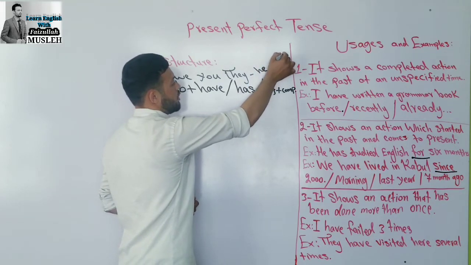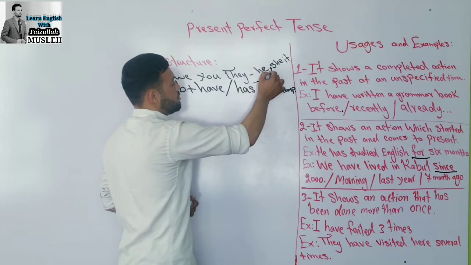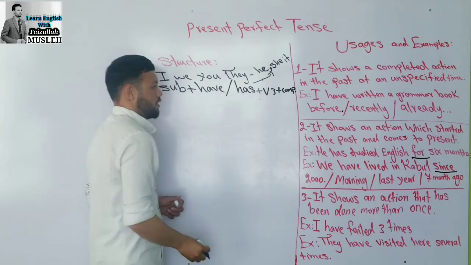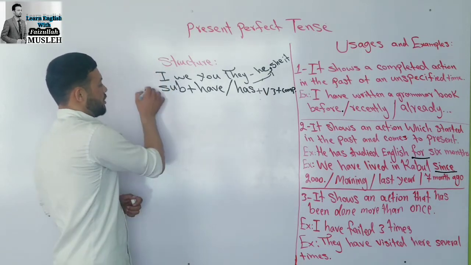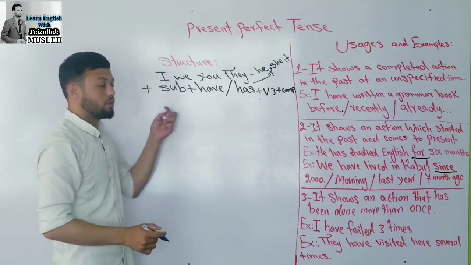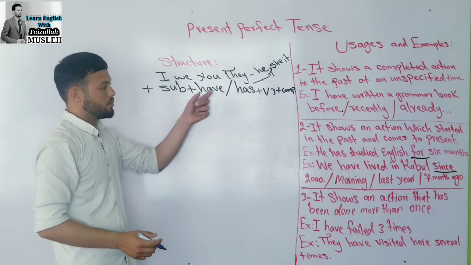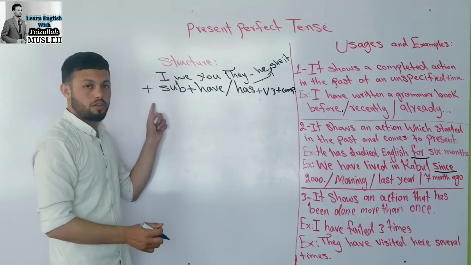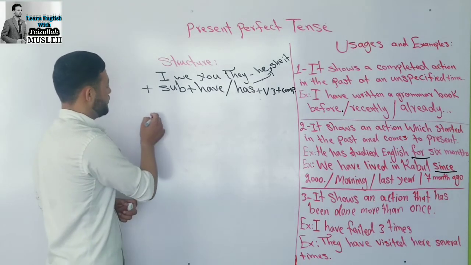He, she, it. For these, we use has. Now this is the structure, the positive structure or affirmative structure of present perfect tense. Now let's make example for this and we will continue.